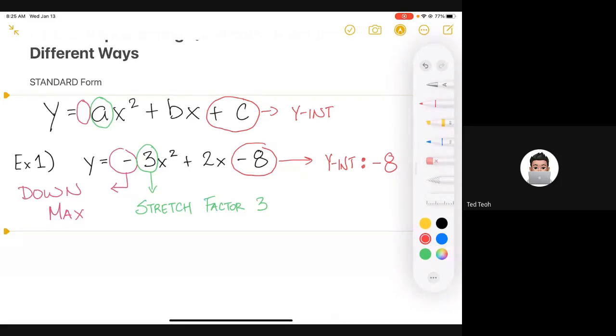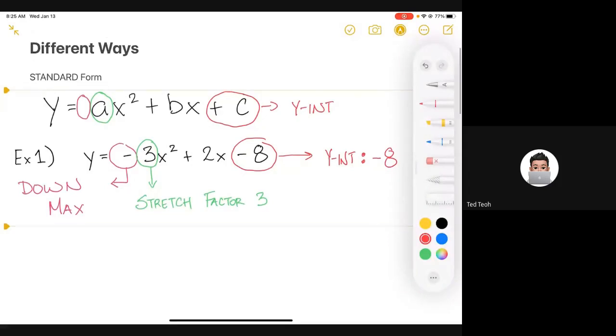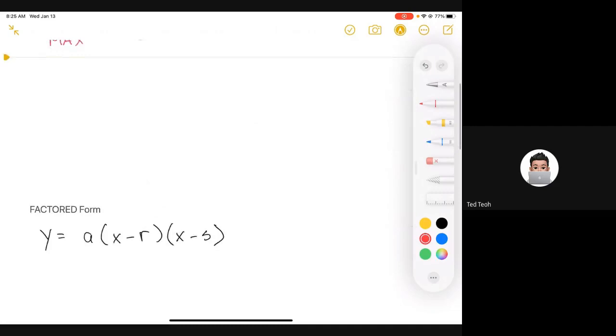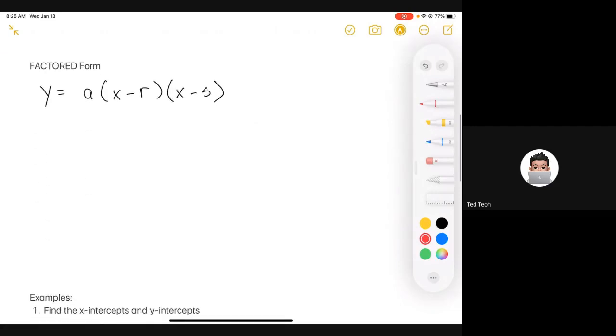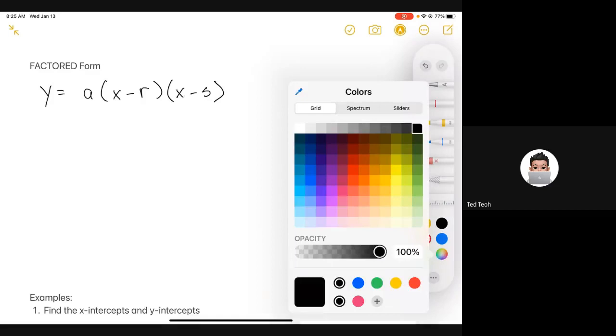Let's move on to factored form. Here's factored form. Factored form gives us the same kind of information that standard form and vertex form give us.